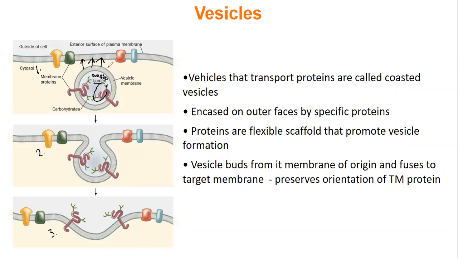So what happens is that your vesicle comes near and fuses with your plasma membrane. That's what's being shown here. This used to be the vesicle. It's just fusing now. And so your plasma membrane gets a little bit stretched out when you add this vesicle.